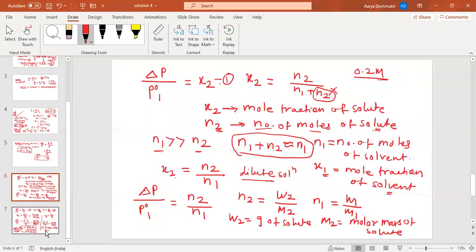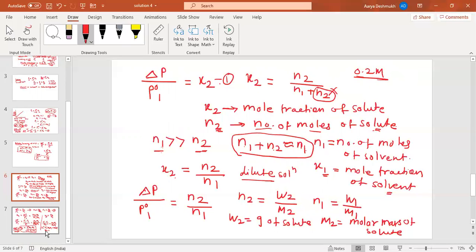Since we are considering a dilute solution, that is 0.2 or less, the molarity of the solution should be less than this. So N1 will be greater than N2, means it is a very dilute solution. The amount of solute is very less here, so N1 plus N2 can be approximately equal to N1 because N2 is very small.